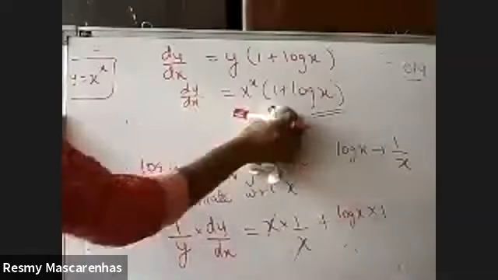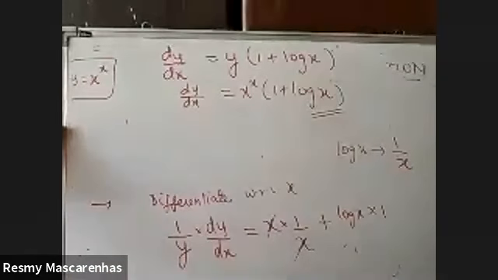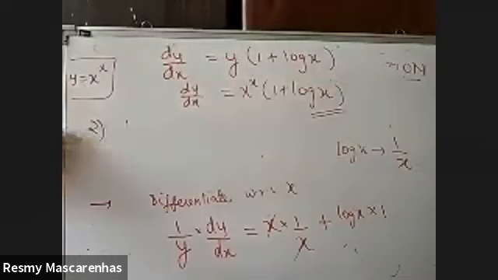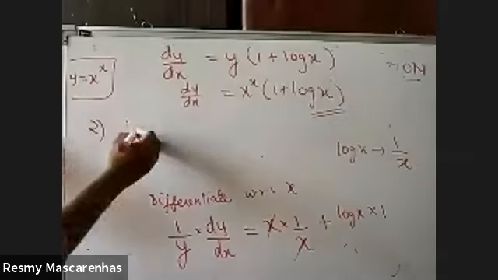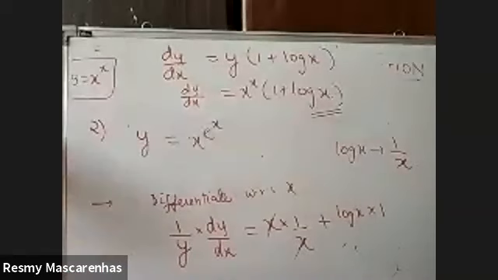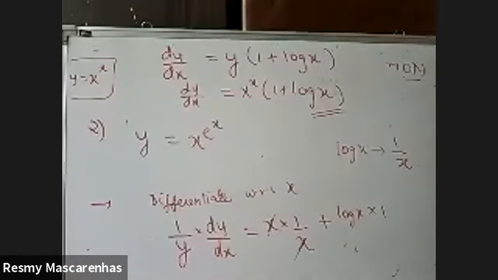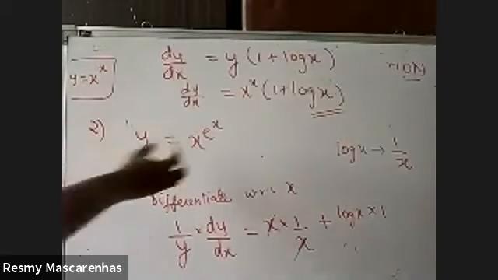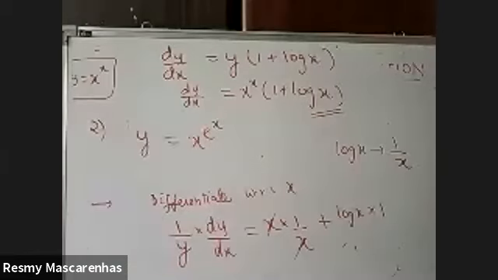So as you finish, you can attempt the second one. For the first one, anyone having doubt, then ask. x e raised to x. So this is like function raised to function.